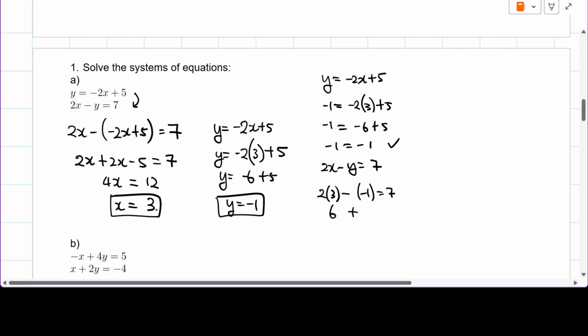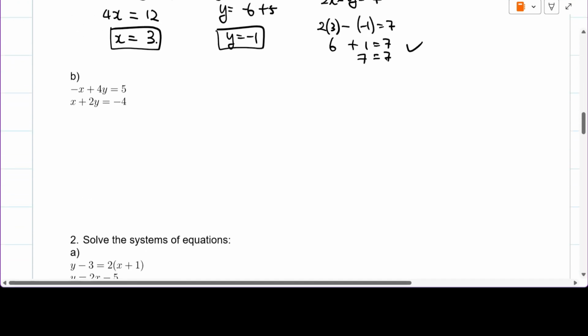So that's 6 plus 1 equals 7. 7 equals 7. So once again, that's a check. So I know that I've solved the system of equations perfectly. You don't need to check your work to get the full answers, but you want to save yourself after you made a potential mistake.